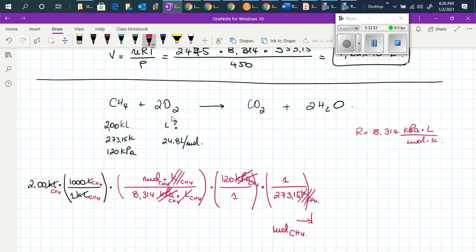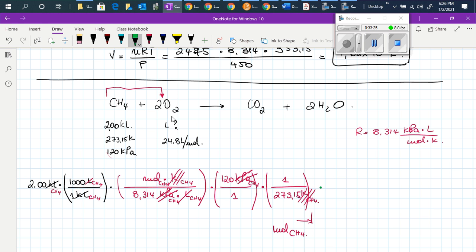Now, since we have the moles of CH4, in order to move to the unknown, we will use the molar ratio. And the molar ratio is 1 mole of CH4 methane is needed to react with 2 moles of oxygen, so that carbon dioxide and water is produced.